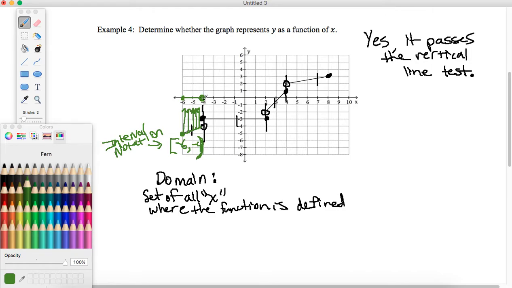Now I'll go to this next part of my graph, right? Which is this horizontal line, right? Notice it has a closed circle here. That's at the point -4, -3. I said -2 earlier, but I meant -3 here. So what I would do if I think about my x-axis as a magnet to see what my domain is, I'll pull everything about this horizontal line all the way up to my x-axis, and I see that I close this.